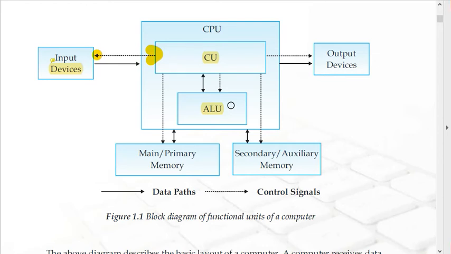So we are comparing. All symbols which are used to compare two numbers, like greater than, less than, equal to, greater than equal to, less than equal to, not equal to, all are the logical part. So again, arithmetic as well as logical operations are performed under the ALU.